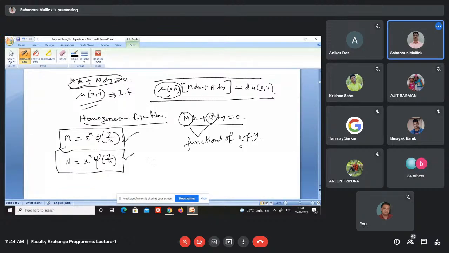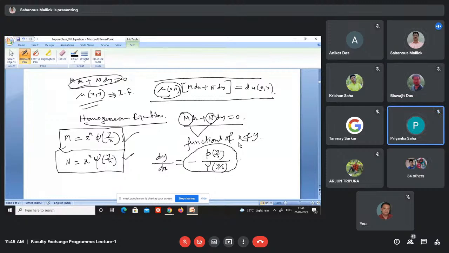Then we can write this equation as dy by dx equals minus phi of y by x by psi of y by x. Is it clear, dear student? Yes, sir. Okay. This term we say as f of y by x.